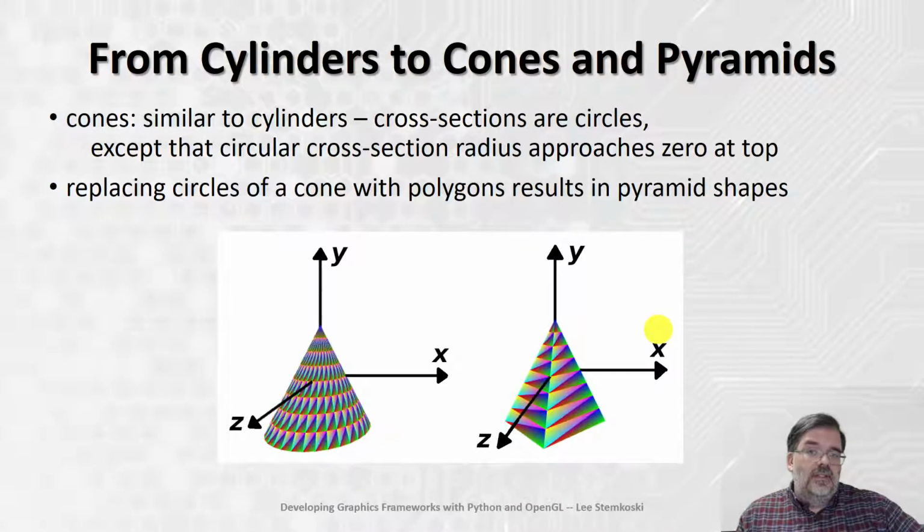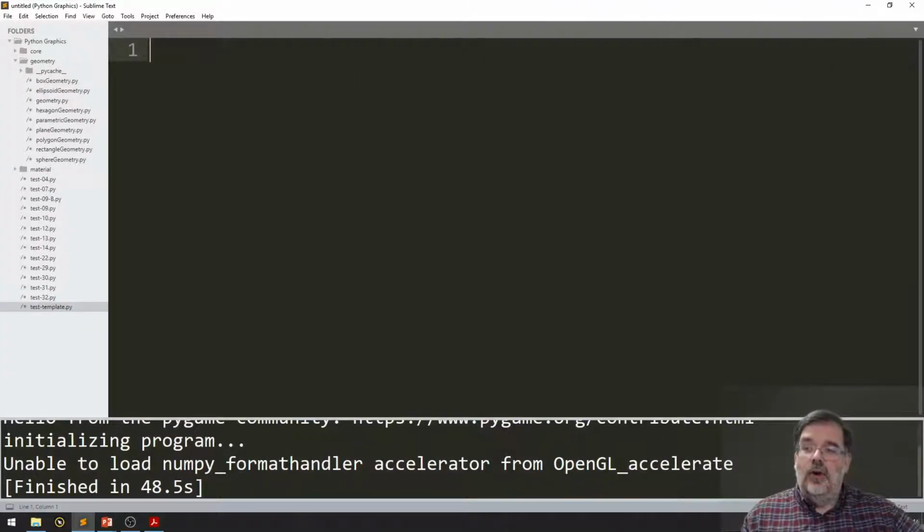Our approach is going to be, we'll create the most general version of all of these, one which has a variable radius on the top and radius on the bottom, so we can specify those separately. We'll call that class a cylindrical geometry, and then we'll extend that class to get each of these four different shapes.